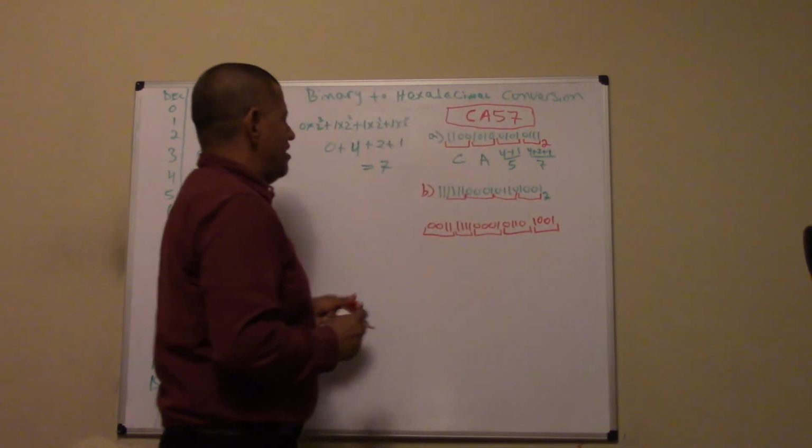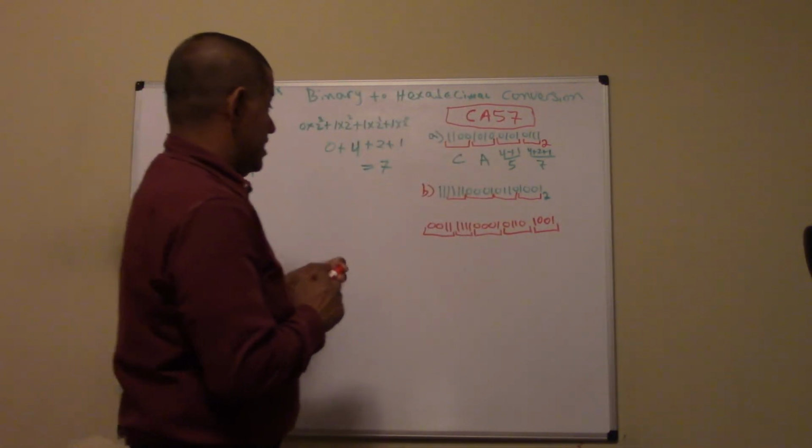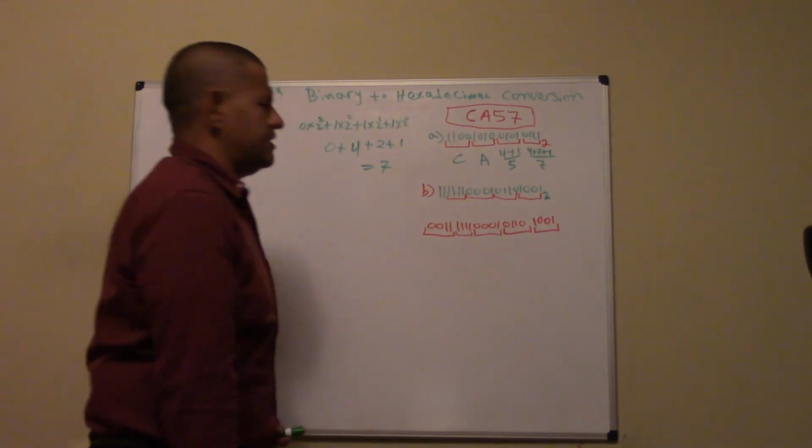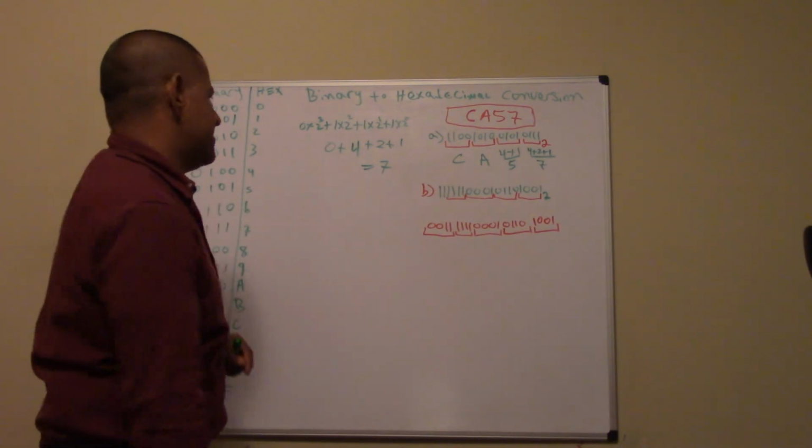Okay, so now I have the complete 1, 2, 3, 4, 5 blocks, right? 5 blocks of 4 bits.